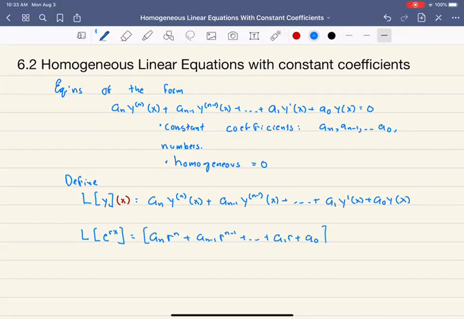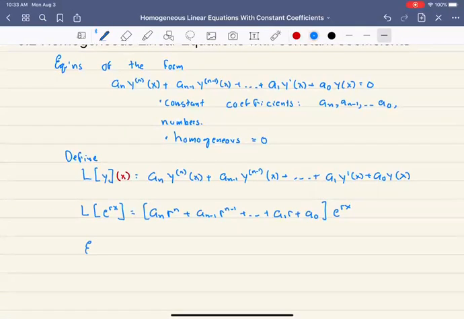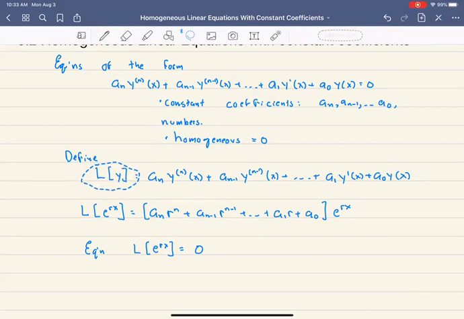I didn't forget about the e to the rx; that's still there. And so our equation is L of e to the rx equals 0. I guess I don't need the x here as much as I thought, because the x dependence is inside the y.